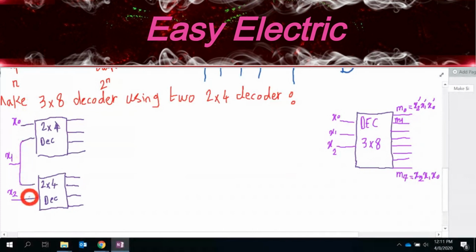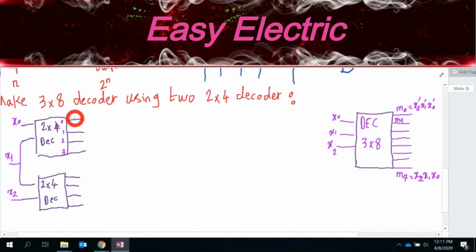Right now, if I do that, I just have 3 inputs. Take a look at this first 2x4 decoder. The input is x0 and x1. If I write midterm 0, this is midterm 0, this is midterm 1, this is midterm 2, this is midterm 3. What should midterm 0 be in terms of x0 and x1? Help me to write here.